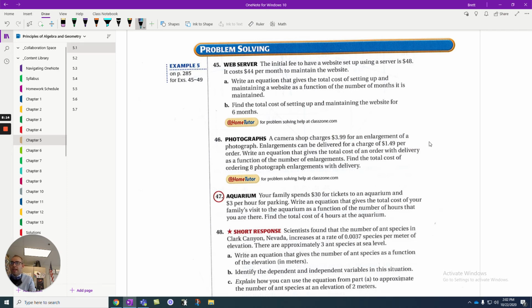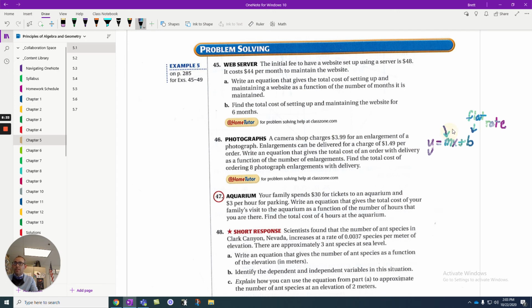So we have to understand our y equals mx plus b. The b is what we call the y-intercept, or what we call a flat rate. A flat rate is a rate that doesn't matter how many you do, it just matters that you do it at all.